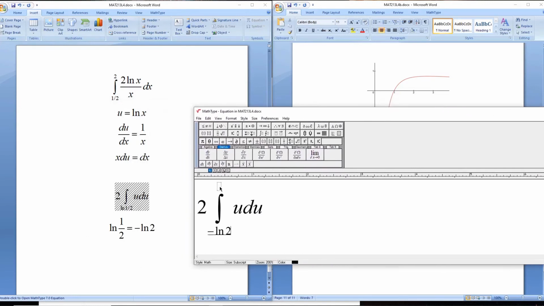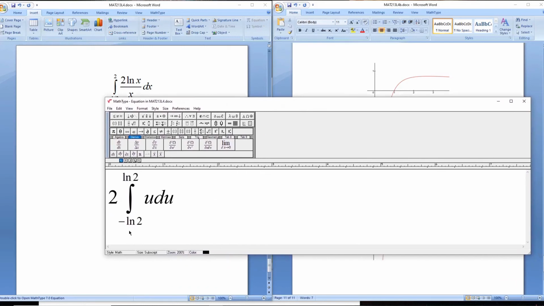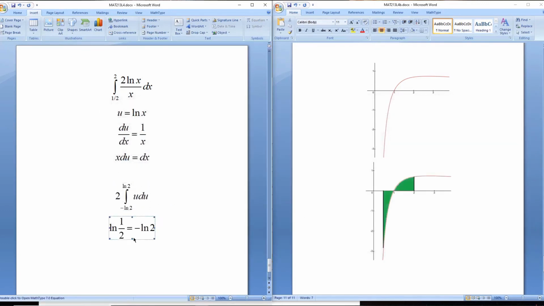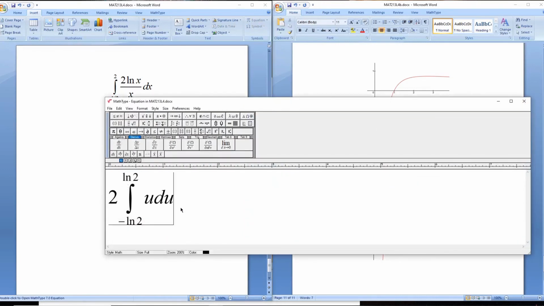And now for our upper integration limit, that's 2 for x. For u, that's log 2. So we're going to integrate from minus log 2 to positive log 2. And there's our integral all set up for us. And now we'll get the antiderivative.